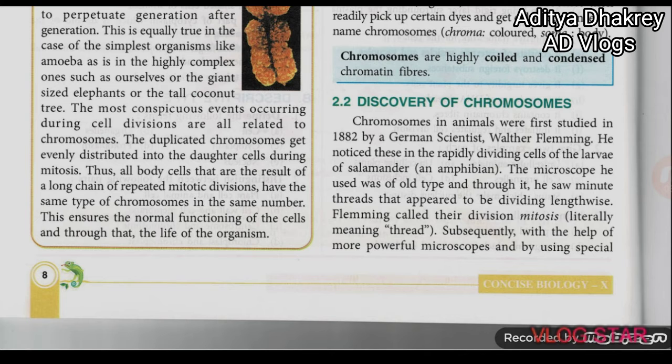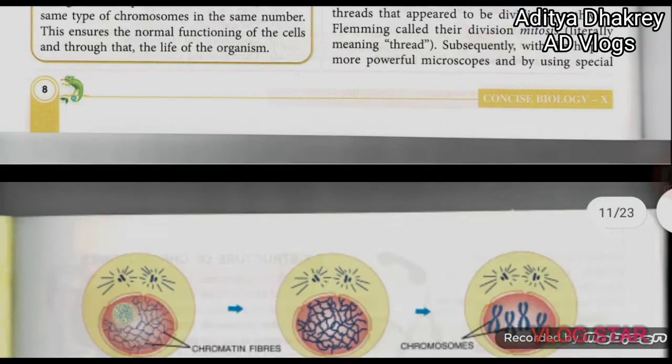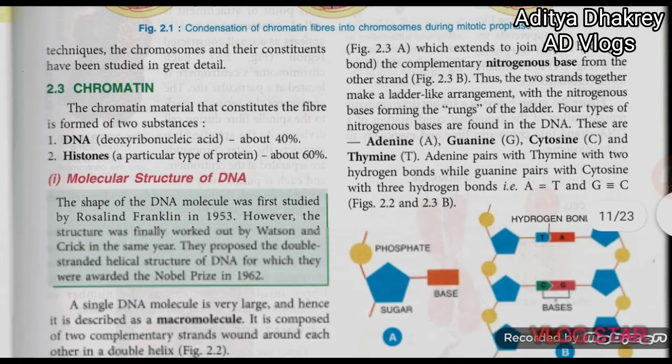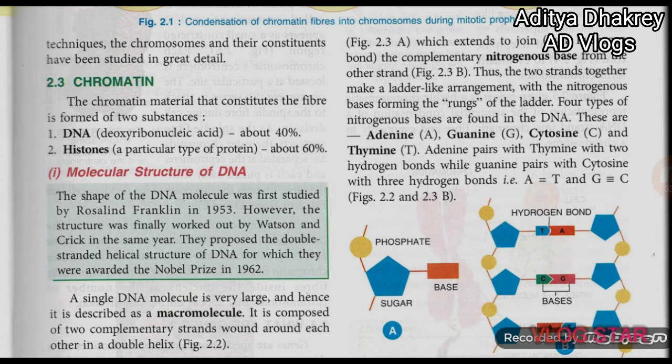The microscope he used was of an old type, and through it he saw minute threads that appeared to be dividing lengthwise. Flemming called the division mitosis. Subsequently, with the help of more powerful microscopes and by using special techniques, the chromosomes and their constituents have been studied in great detail.